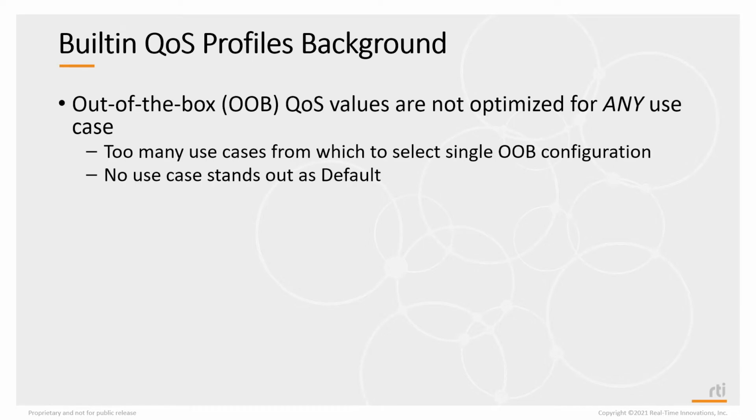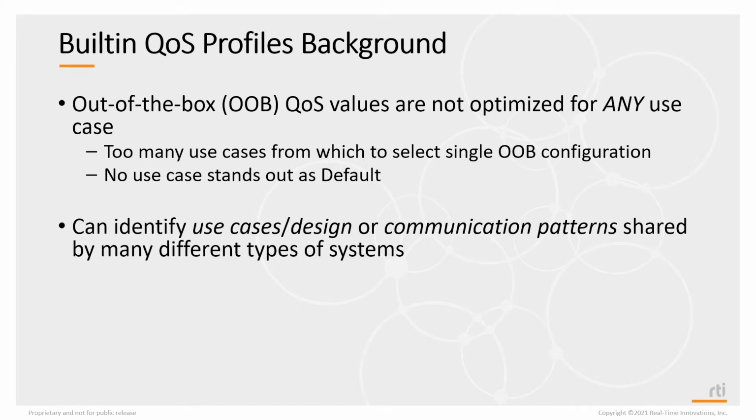First, you must understand that out of the box, the documented default values for the QoS policies are not optimized to support any specific use case. It's incredibly difficult to choose one that all of our customers use because most of our customers have many different use cases that span a wide variety of operating conditions and system performance requirements.